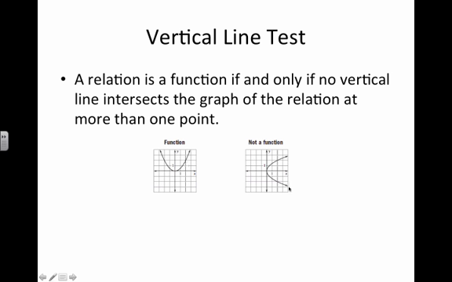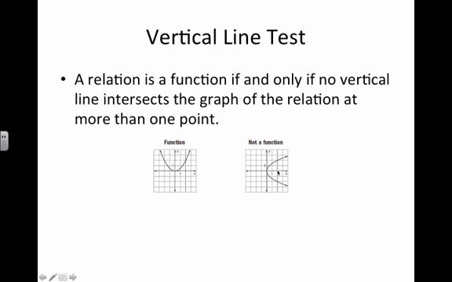Over here, this right opening parabola, a horizontal parabola, is not a function because certainly right here, right here, right here, in all kinds of places you can draw a vertical line going straight up and down, and it's going to hit more than one point. Okay, it's going to hit a couple of points.